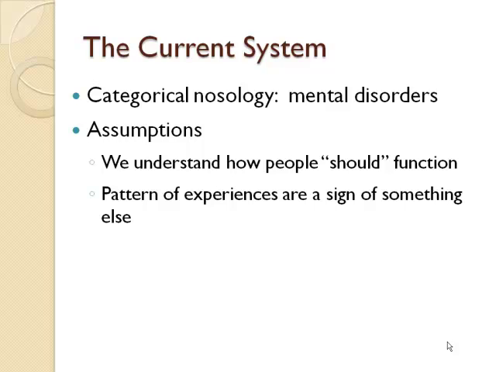Okay. So there are a couple of assumptions implicit in that definition, which we have up here. One, it assumes that we understand how people should function, right? So that this syndrome is an indicator of psychological, biological dysfunction, that something's not working the way it should. For us to diagnose that, we must know how people should function. So we must know how happy you should be, how sad you should be, how imaginative, creative, magical your thinking should be.